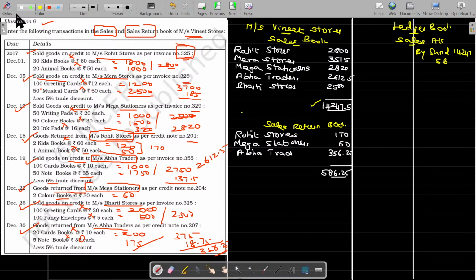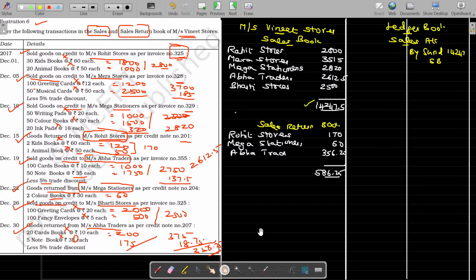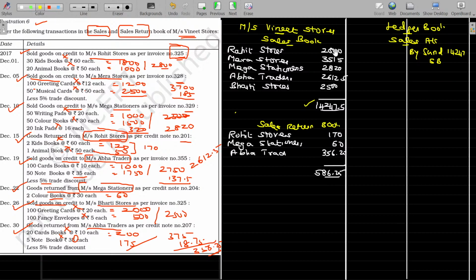Is that okay? Now, the internal item should go to the debit side of the concerned account. Rohit Store.